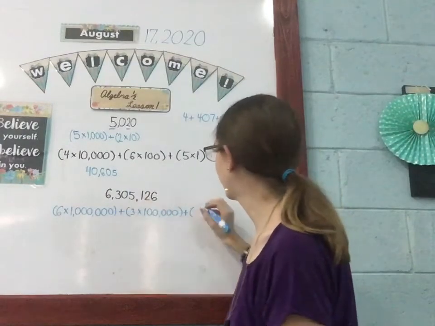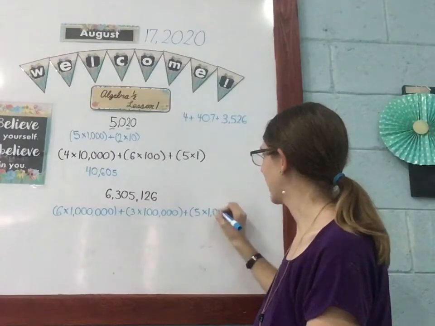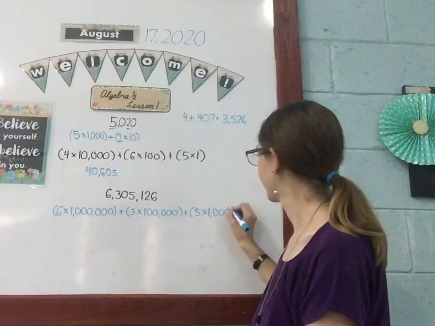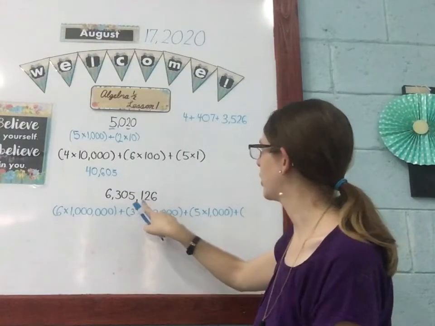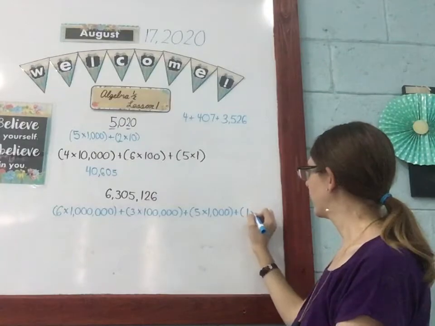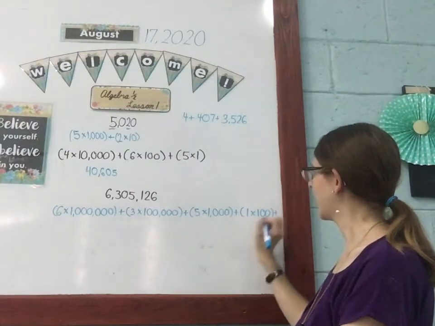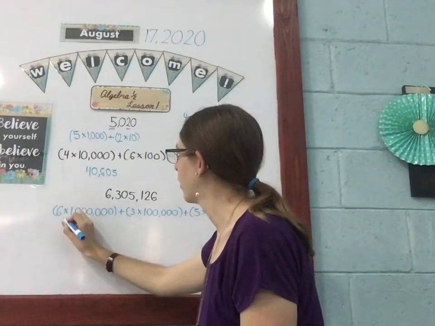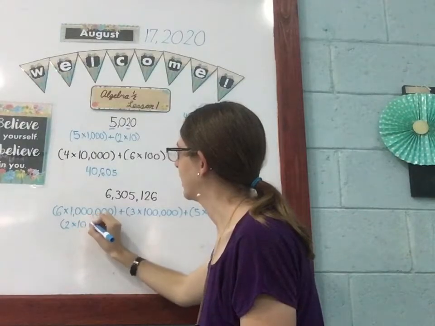My next digit is 5, which is in the thousands place. Close my parentheses, add it to the next number, which is the 1, which is in the hundreds place. Close parentheses, add it to the next number, which would be 2 in the tens place.